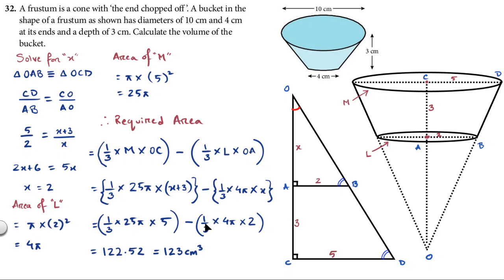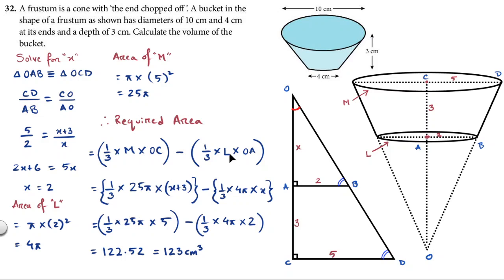So that gives us the value, and we found the value for M, which was 25 pi. OC is 3 plus 2, which is 5. We got the value for x over here. So OC is 2 plus 3, which is 5.